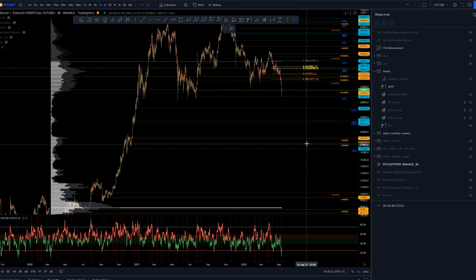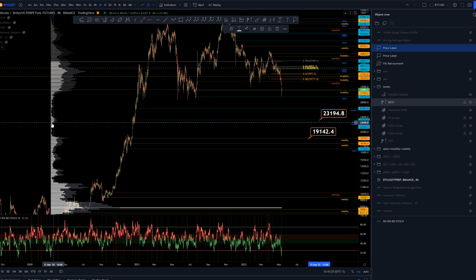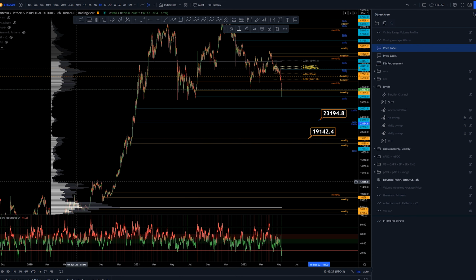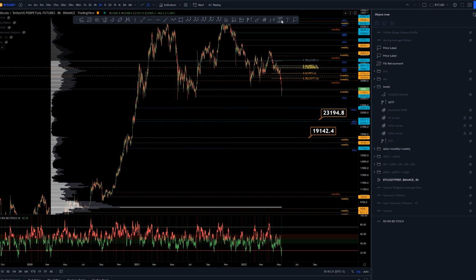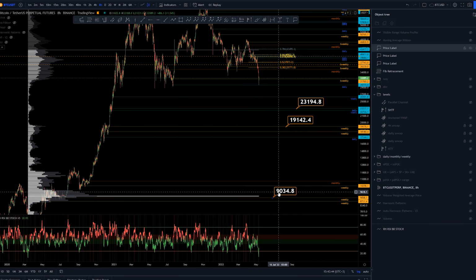But again, let me label a couple of different points of interest, at least to me. Volume node, and we got a couple of dailies here, weeklies. Not much in here though. All of these have been tapped as we came up, but more volume here. I guess I can just add this here.